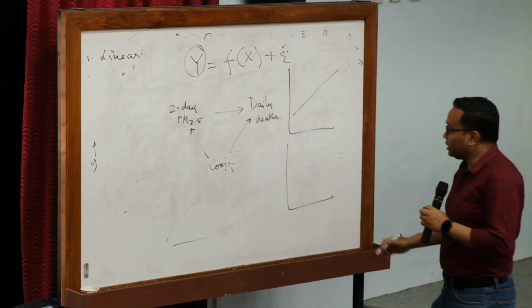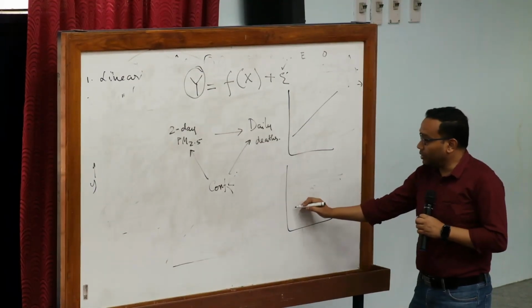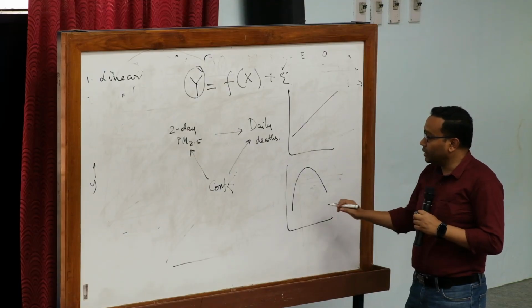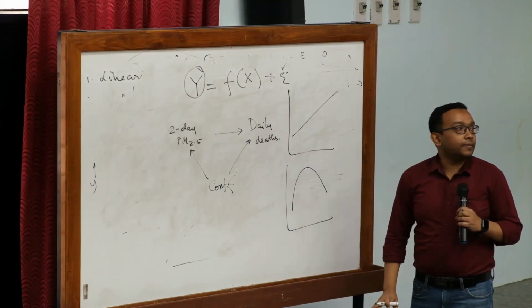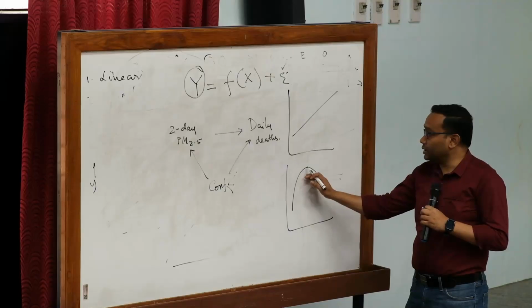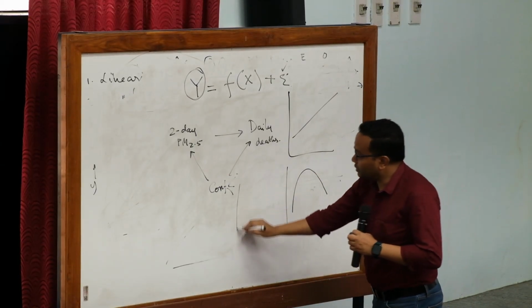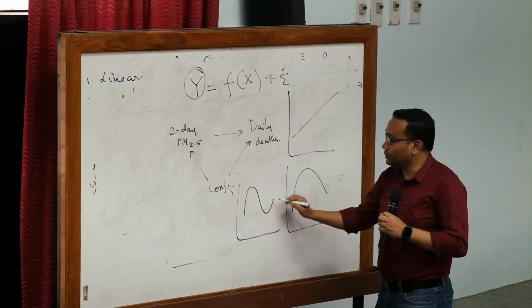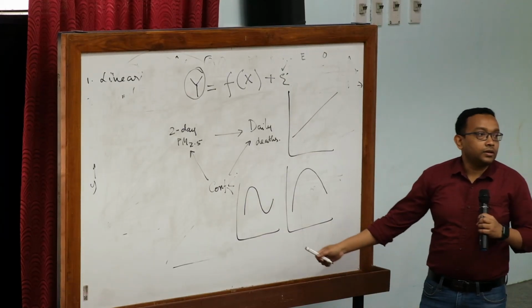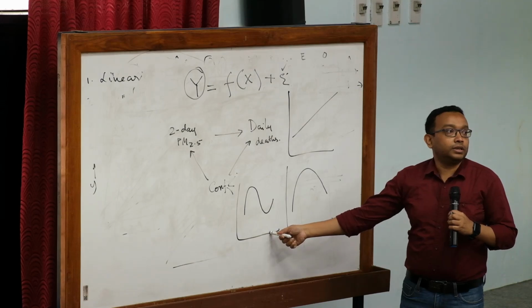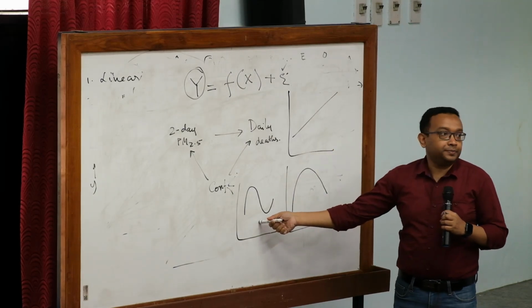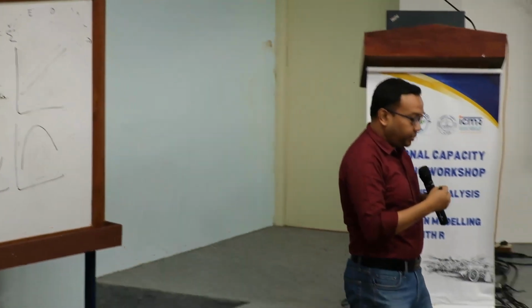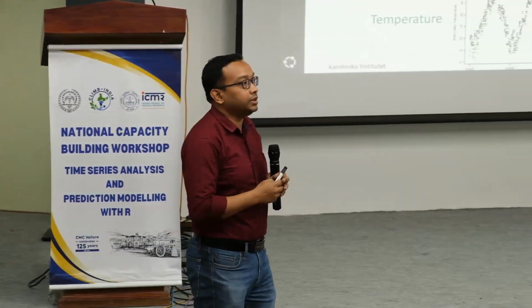Quadratic. It's a parabola, right? It is something like this or the other way. How many times does this change direction? Once, right? The next would be a third degree, goes up, comes down. This is a third degree polynomial. So linear, quadratic, cubic. It changes direction twice, so maybe a cubic polynomial is a good option.